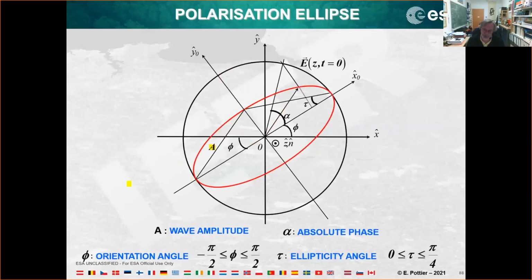The second parameter is the orientation of the ellipse, phi here. So this is the orientation of this long axis compared to the horizontal. And the second angle is what we call the ellipticity angle, which corresponds to the opening of the ellipse, the angle between the short axis and the long axis of the ellipse.